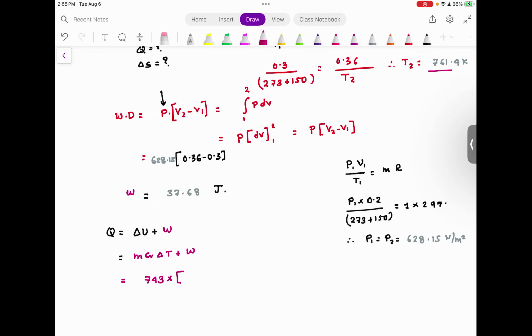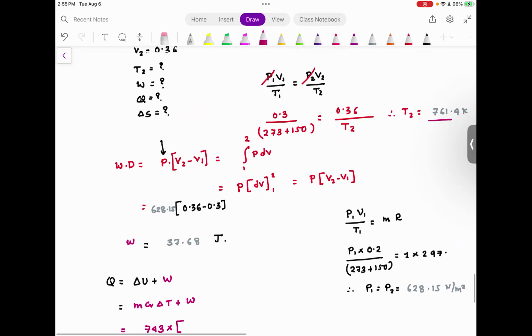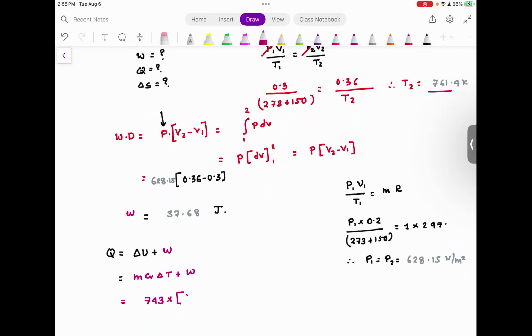And here, last but not least, is 761 minus 273 plus 150 plus 37.68.